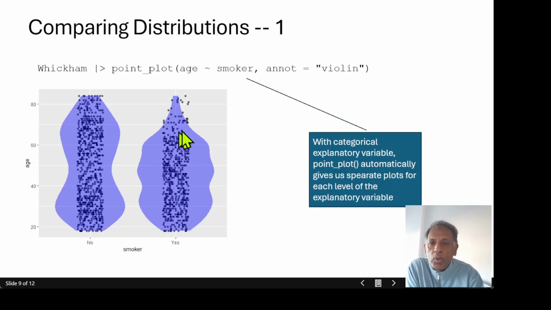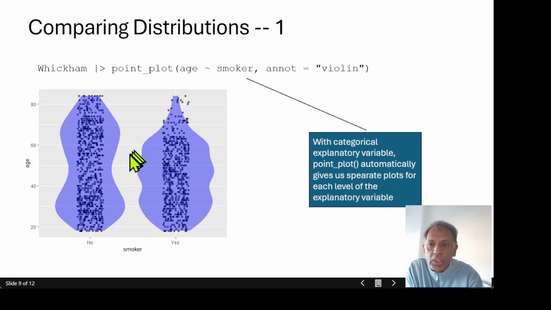Okay, now the good thing about the violin plot is that the width of the violin doesn't depend on the actual number of points, right? So here you see clearly that there are far more non-smokers than smokers. Okay, so that doesn't mean that just because there are more non-smokers at this particular point, the violin will somehow become wider. Okay, the violin shows you relative to that group how the distribution is. So it's really good for comparing distributions.